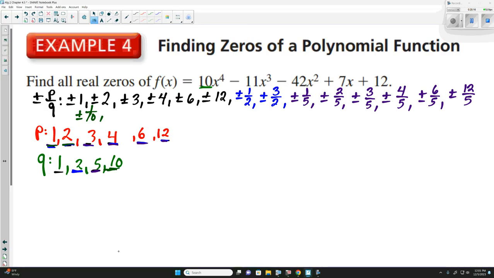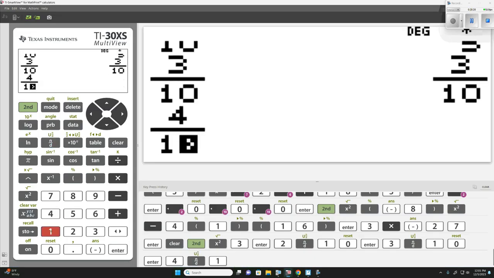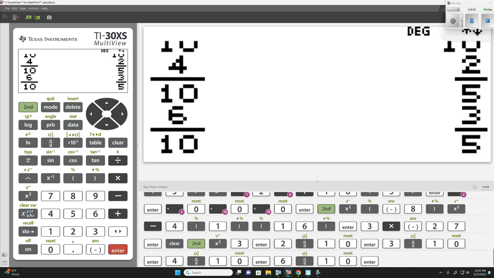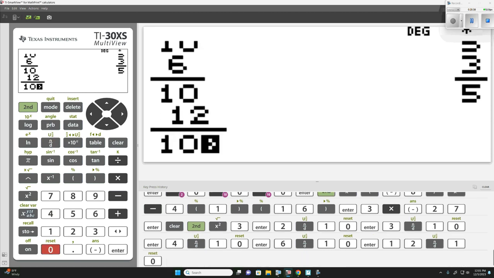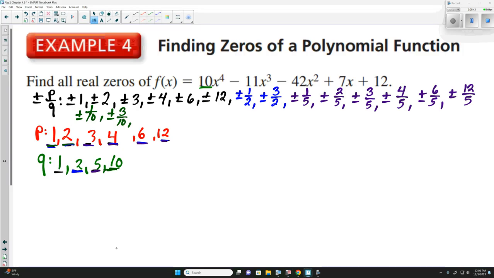We do not have it, so plus or minus 3/10. We move on to 4/10, which is 2/5. It is already listed. 6/10 is 3/5. We already have it listed. And I believe the last one is 12/10, which is 6/5, which is already listed as well.